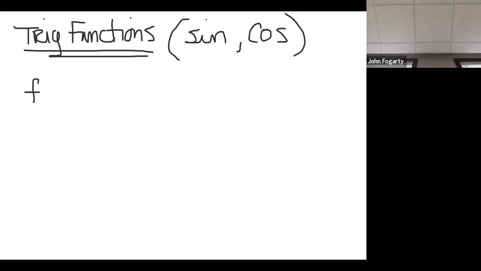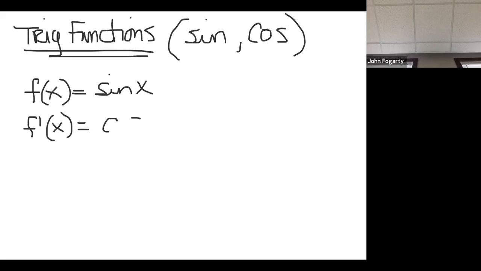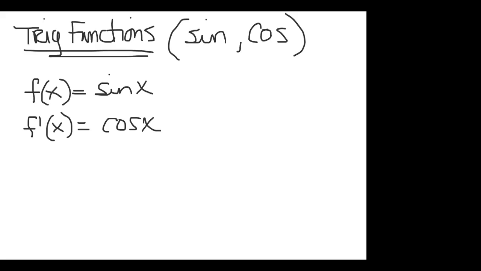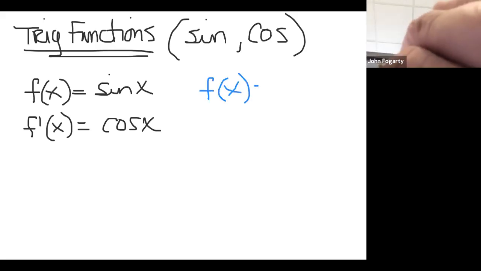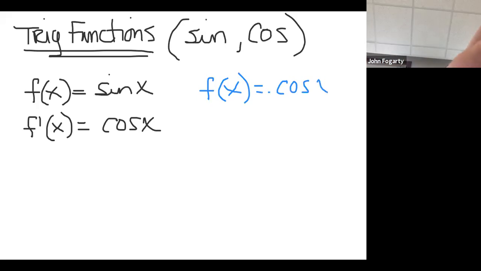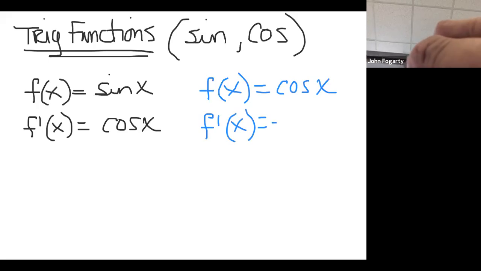If f of x equals the sine of x, the derivative, or f prime of x, would be simply the cosine of x. Does that make sense? Second one: if f of x equals the cosine of x, then the derivative, or f prime of x, is the negative sine of x.